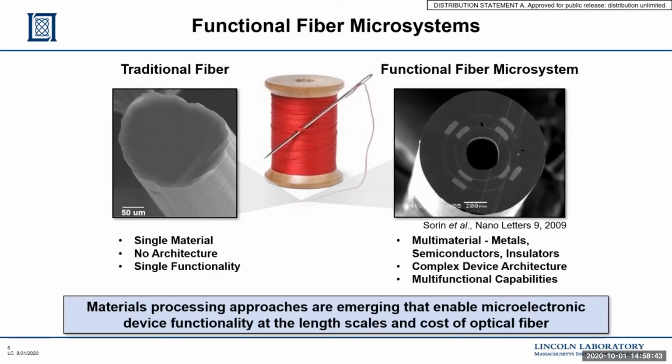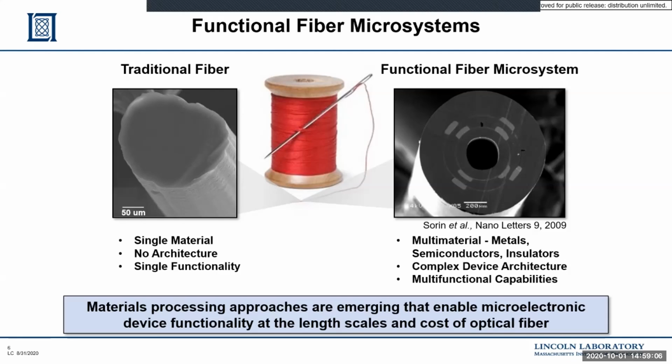At the DFDC, we have the capability to build what we like to call functional fiber microsystems, which basically integrate multiple materials in a more complex architecture, all within that same form factor. In the picture here, you'll see we have metal conductors and semiconducting rings surrounding a hollow core, and all that within a polymer cladding. This is similar to the image on the left.